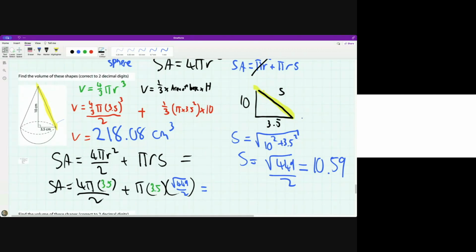What is my final answer going to be? So 4 times pi times, oh, this should be squared. I left that off. That's not good. 4 times pi times 3.5 squared, and then divided by 2, plus pi times 3.5 times the fraction square root 449 over 2.